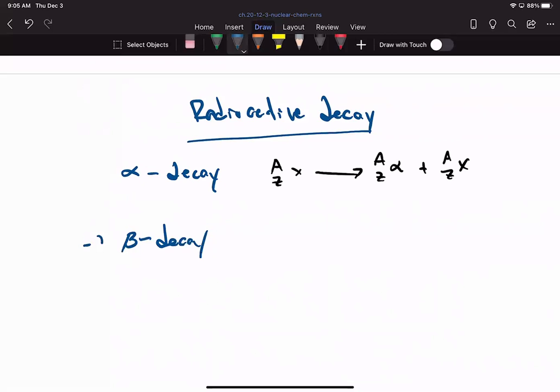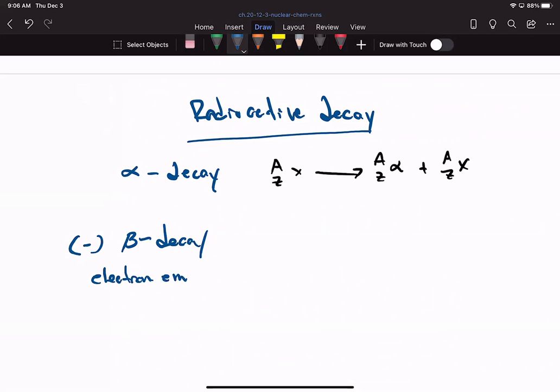And I'm going to put a negative symbol here. So this is for, and I'll even write another term, call this electron emission. I think we can probably use that term here, electron emission, but not electron capture.